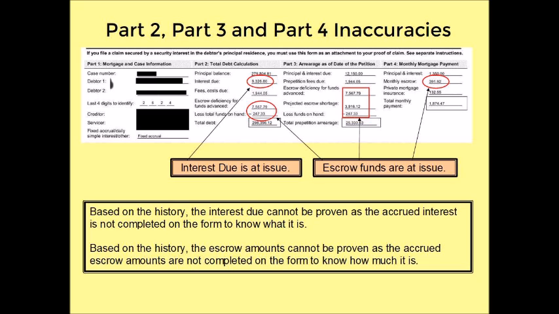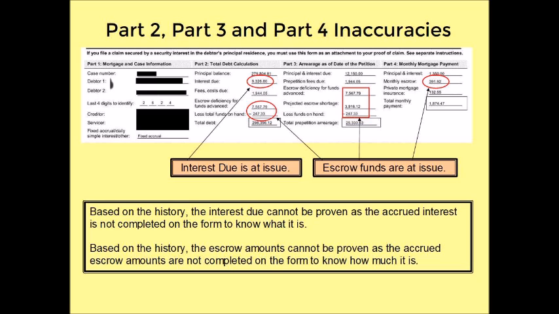And then you look at the escrow deficiency, that number is very suspicious as well. So the interest due and the escrow funds on that column, Part 2, is questionable. Then when you look at Part 3, again, now they got even some more different numbers there on the escrow funds.